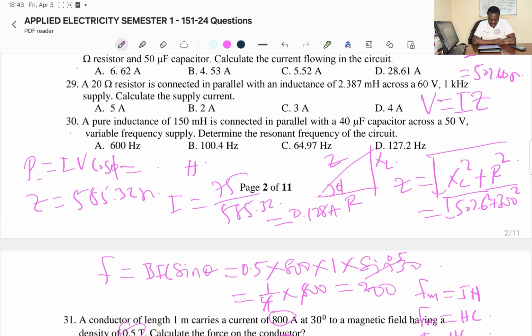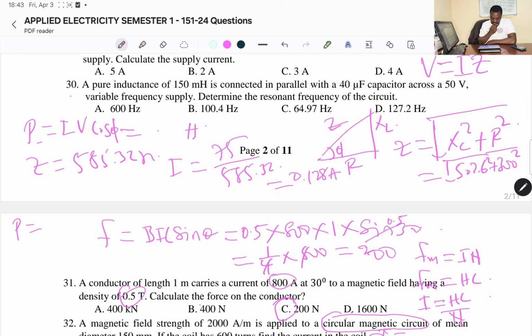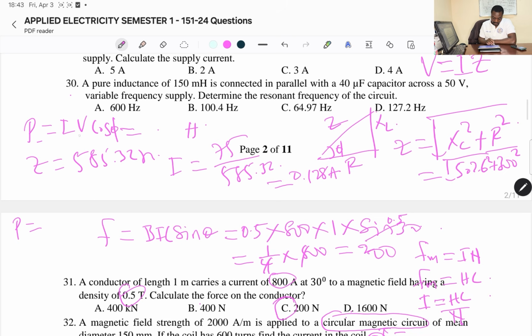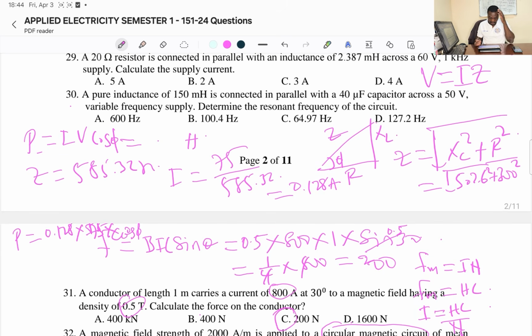The mean power dissipated by the resistor is going to be equal to the current, 0.128, times 75, times the cosine of the phase angle. So what do I get for the cosine of the phase angle?